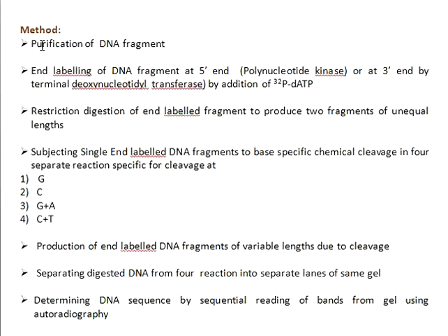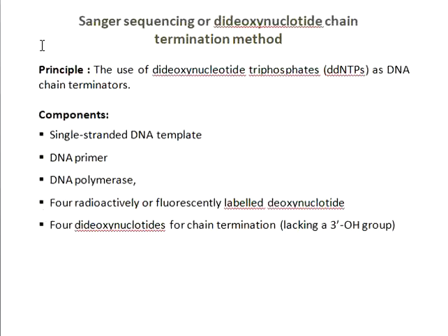In case of Sanger sequencing, the basic principle is the use of dideoxynucleotide triphosphates. These differ from the normal nucleotide triphosphates in that they lack the 3' OH group. As we know, for normal DNA synthesis, the DNA polymerase always requires the 3' OH group as a starting point for the addition of a new nucleotide.